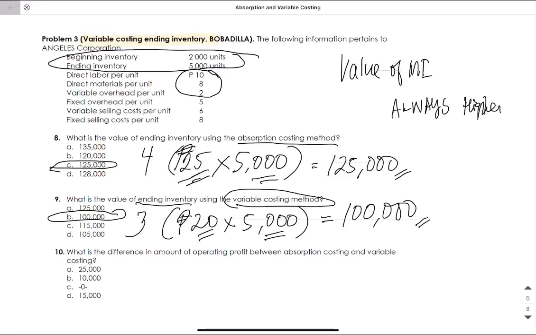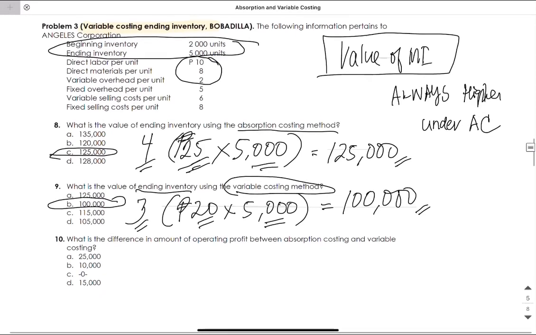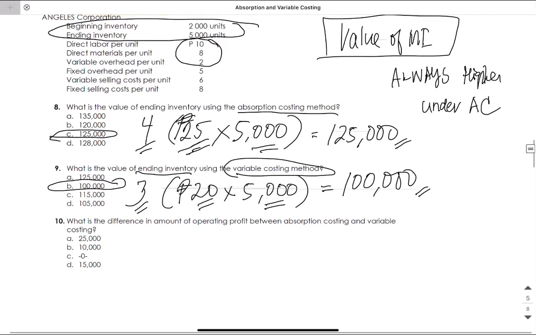Why? Because under absorption costing, there are 4 components, including the fixed overhead, but under variable costing, there are only 3 components, excluding fixed overhead. So the value of inventory is always higher under the absorption costing method.